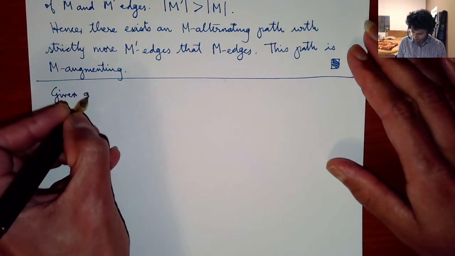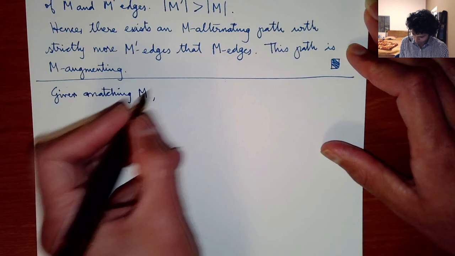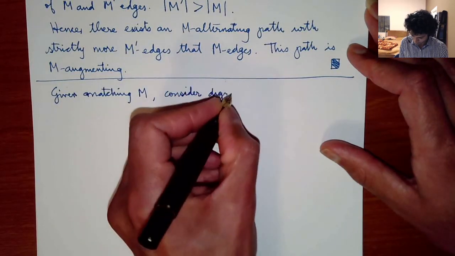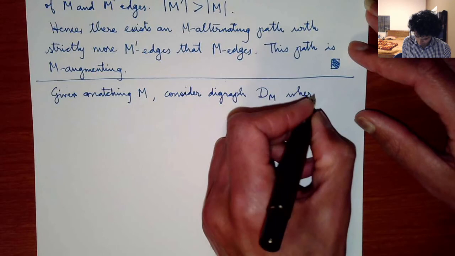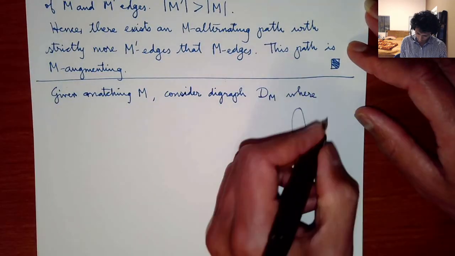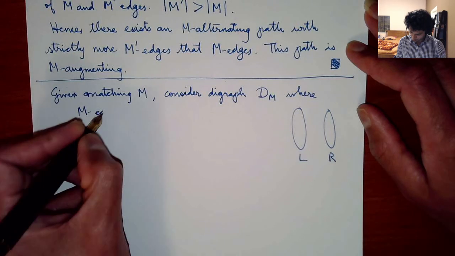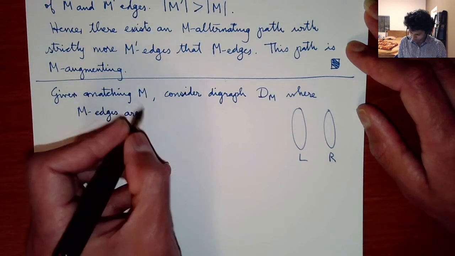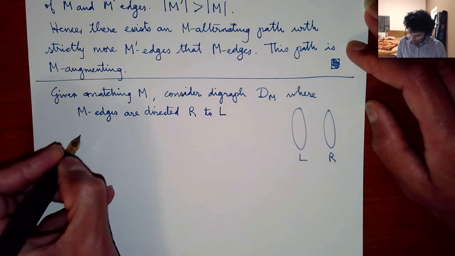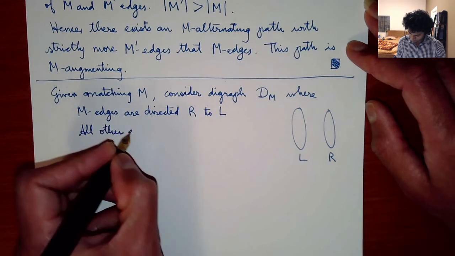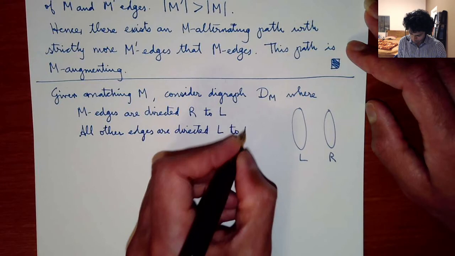Given a matching M, potentially empty, consider the digraph DM, where, so recall that it's a bipartite graph, L and R. M edges are directed R to L, and all other edges are directed L to R. Right?